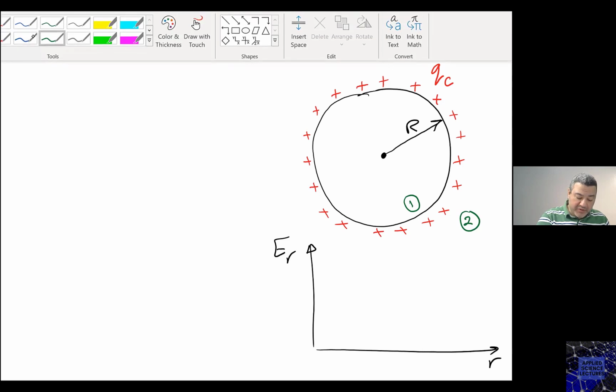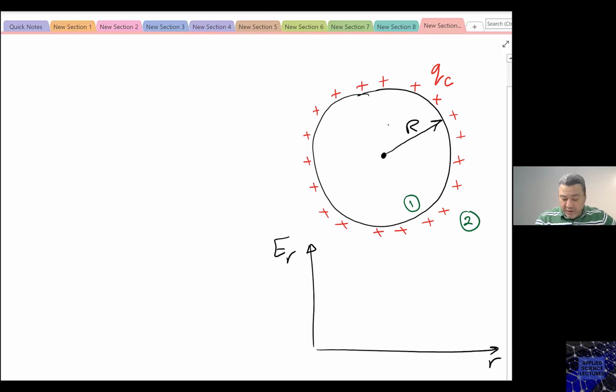If we were asked to draw the electric field everywhere, we have to include region 1 and region 2. We will be working first on region 1, picking a Gaussian surface for it.